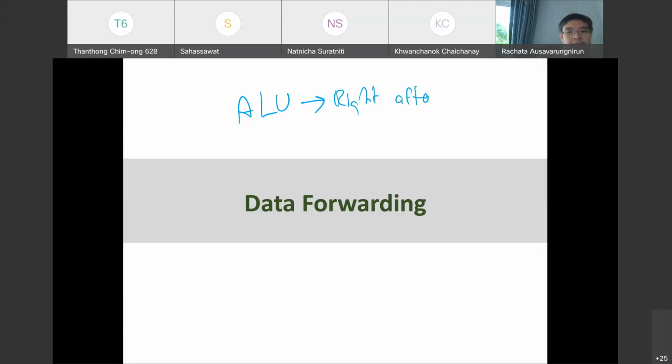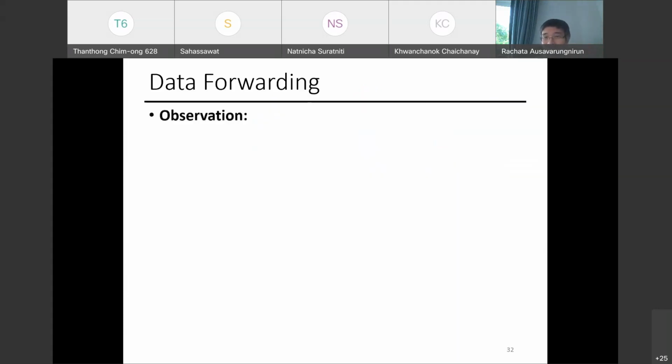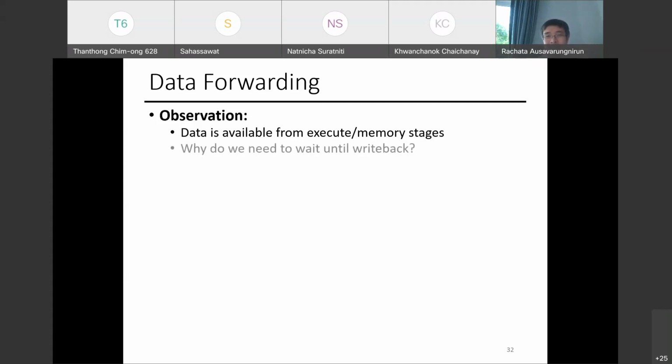After execute, right? If it's memory, right after memory. So I know the results internally. Data forwarding is based on that observation. I know the result once I'm done with execute. So do we need to wait for the write back? Do we need to wait for the write back? Yes or no?